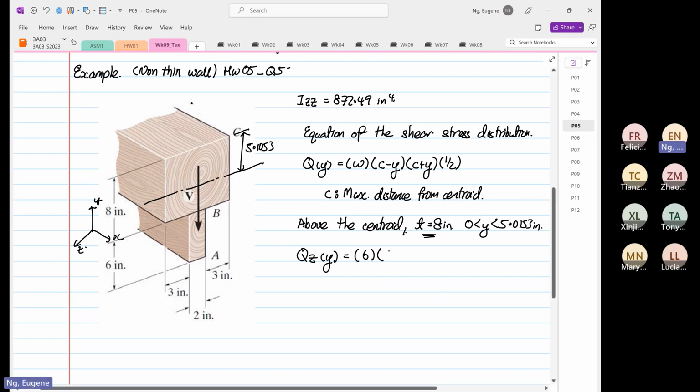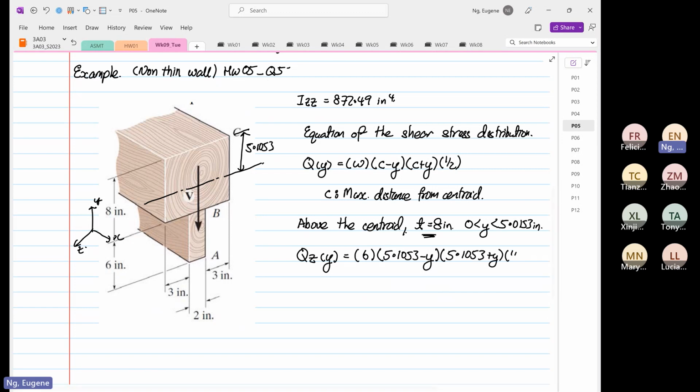The depth is 5.1053 minus y, and the y bar is 5.1053 plus y multiplied by half. This is our width, this is our depth, and this term over here is our y bar.